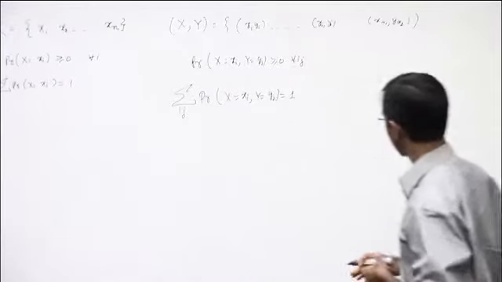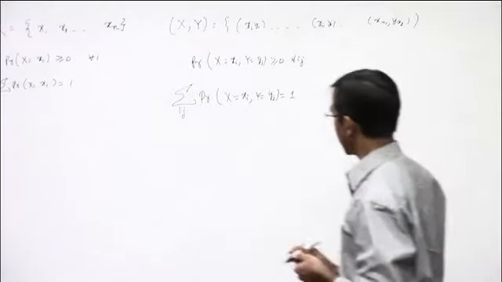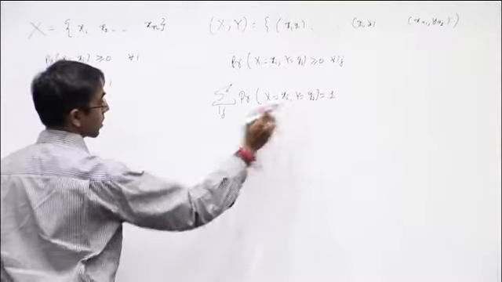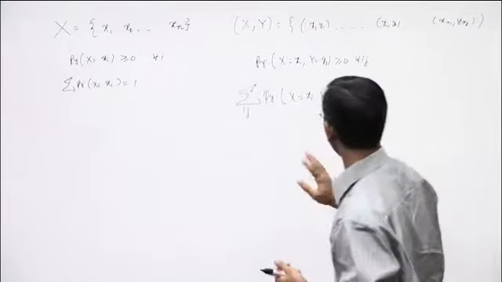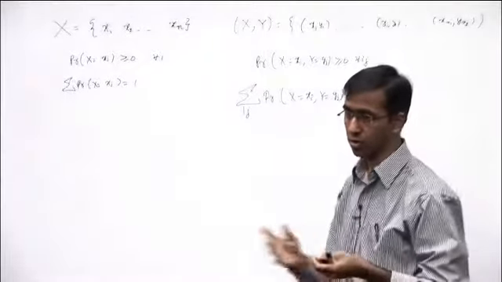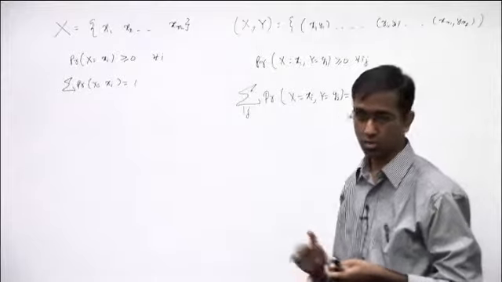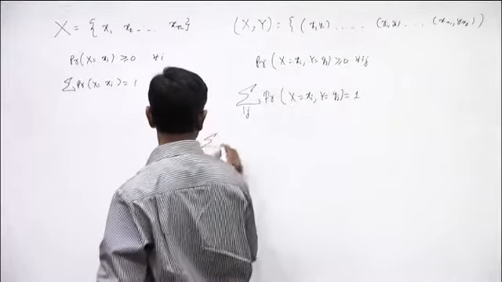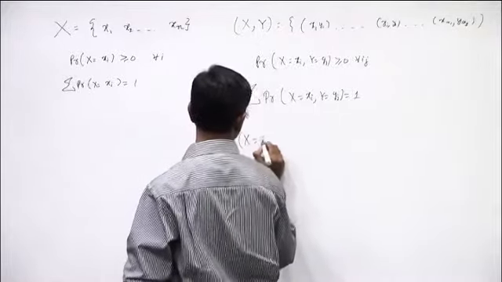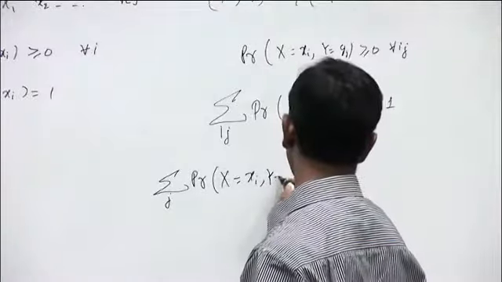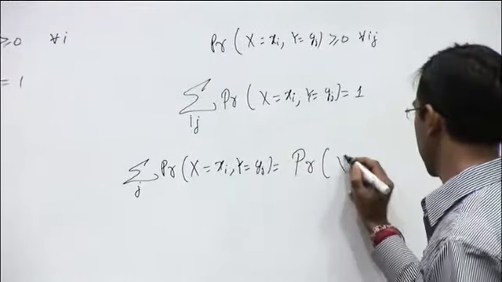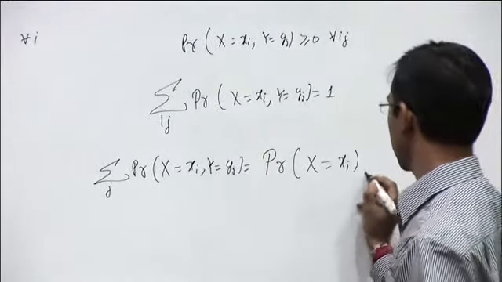Again, very simple stuff. If you just want to study one of the random variables and ignore the other one, what you can do is marginalize that out. That is, you can take the sum over all j's, and that will give you probability of x equal to xi, and this is called the marginal.